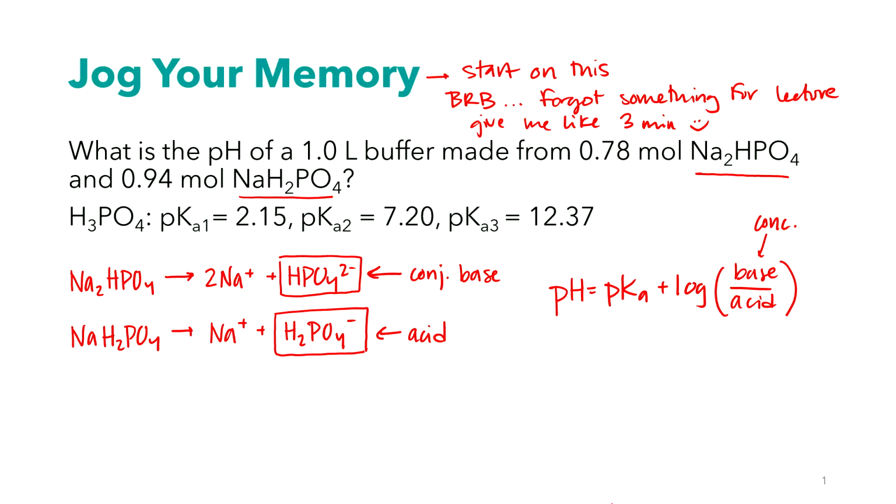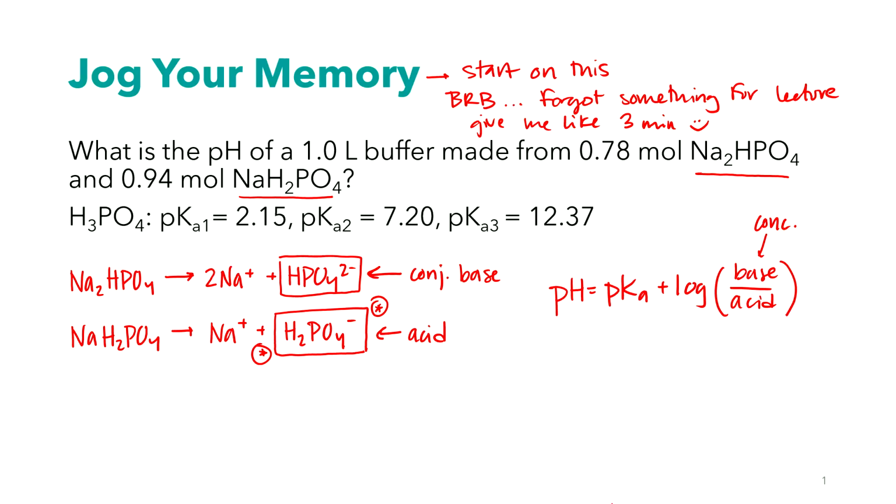I've already established that this is the thing in my solution that's like the acid, the one that has the extra proton on it. I've given you 3 pKa's for H3PO4. You're going to bypass that first one because I didn't put in H3PO4. That pKa of 2 is talking about the release of the first proton, but I never put H3PO4 in.